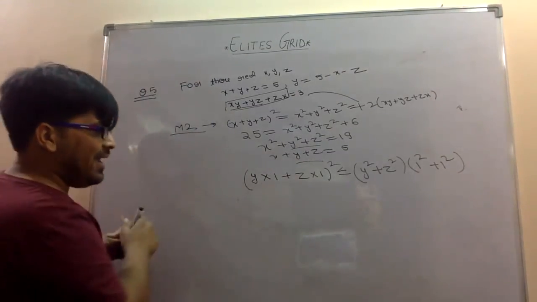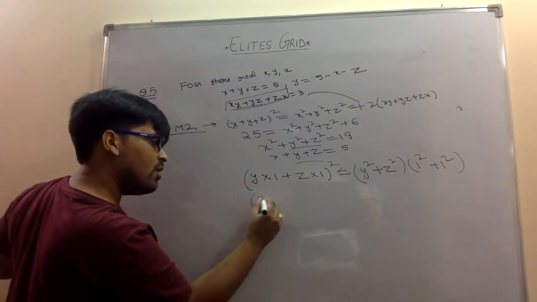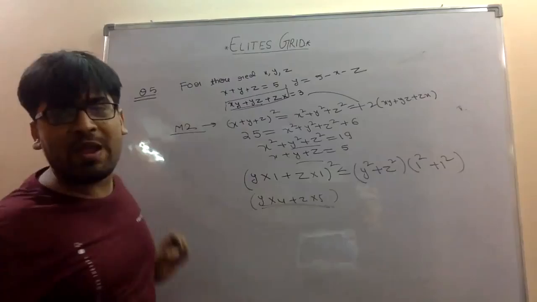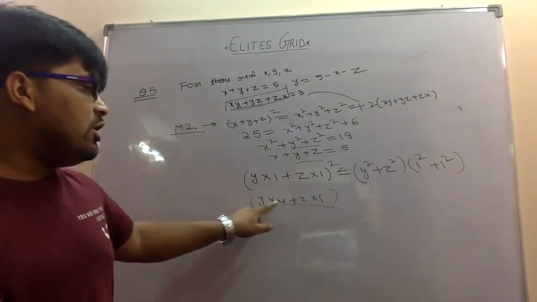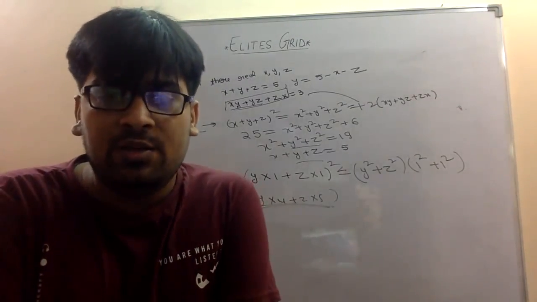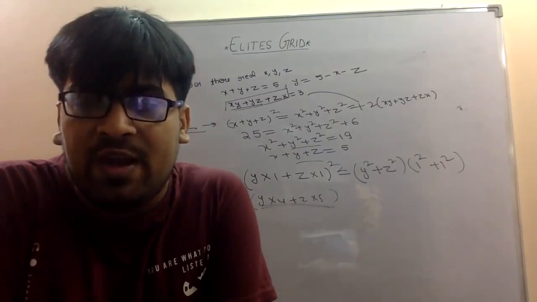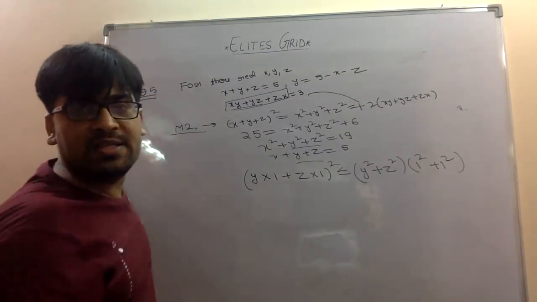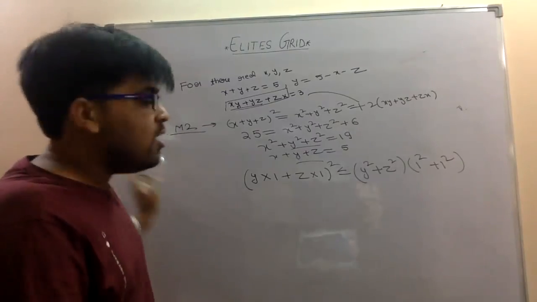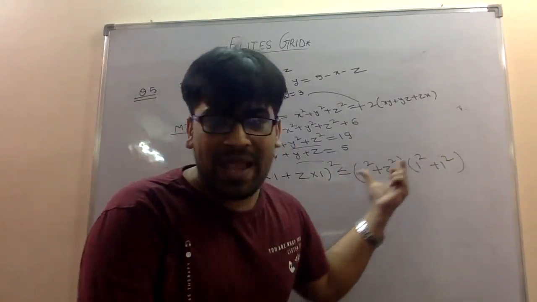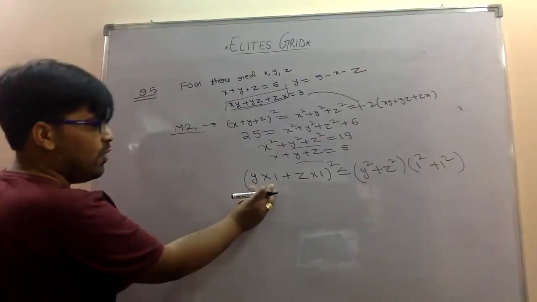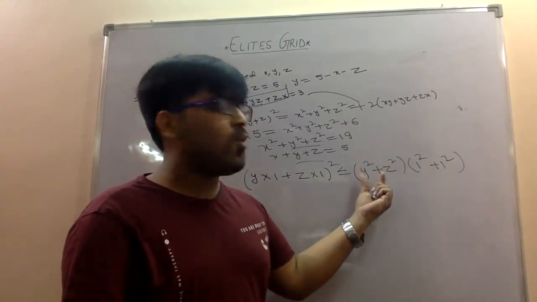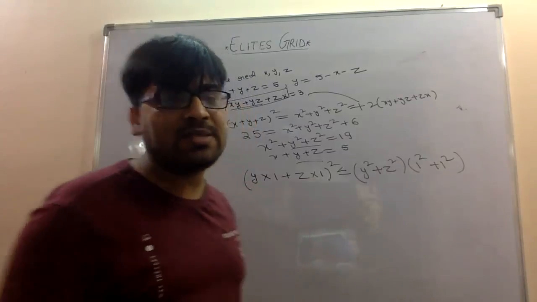But if you take y into 4 plus z into 5, you don't know the value of 4y plus 5z. You know y plus z only. That's why you take these values to apply Cauchy theorem. So y into 1 plus z into 1 whole square is less than or equal to y square plus z square into 1 square plus 1 square.